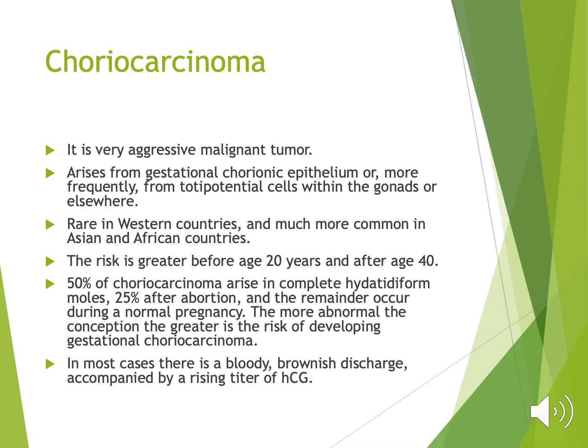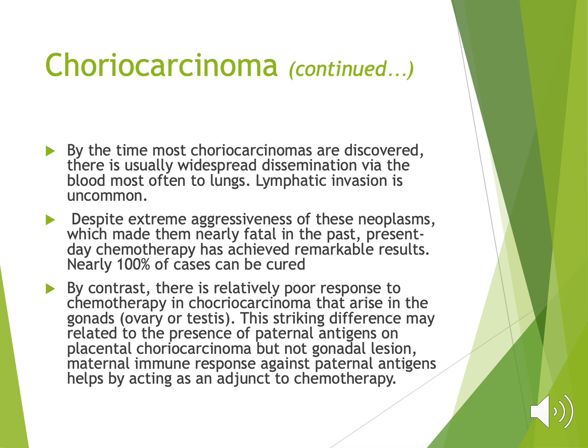Presentation-wise, these women present with bloody brownish discharge accompanied by exceptionally high titers of beta-HCG. By the time gestational choriocarcinoma is discovered, it's typically widespread, with dissemination via the blood, typically to the lung, because lymphatic invasion is not common.